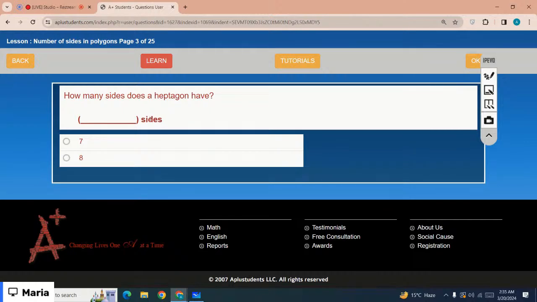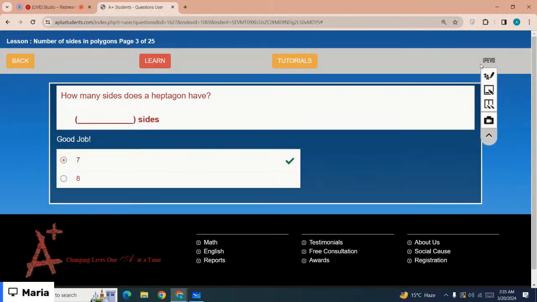How many sides does a heptagon have? The correct option is 7 sides, right? A heptagon has 7 sides.